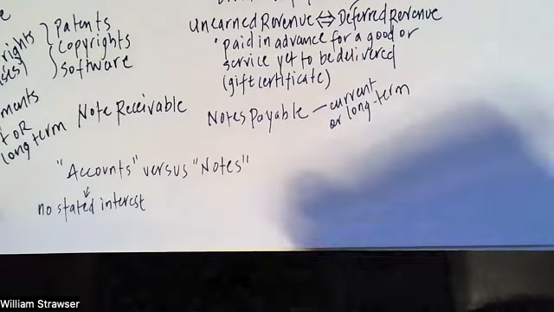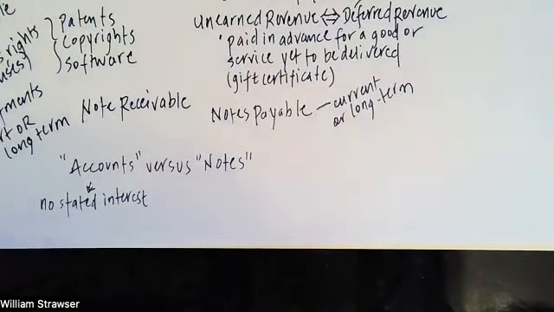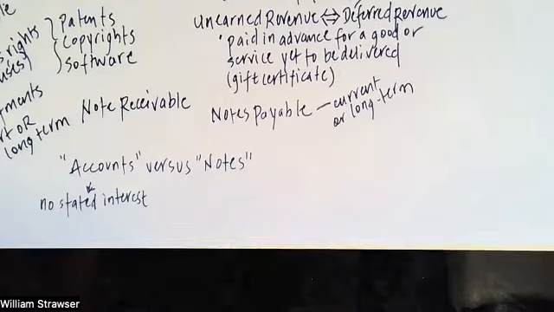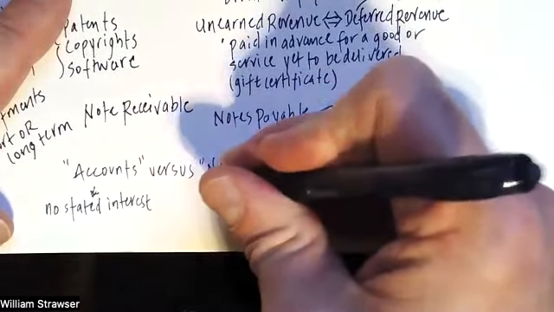I was going to say there's no interest attached to the document that we sign, but you don't even typically sign a document with accounts. You might sign your name on an invoice like you're going to pay it, but it's not a formal written document like a note would be, whereas notes typically have stated interest.